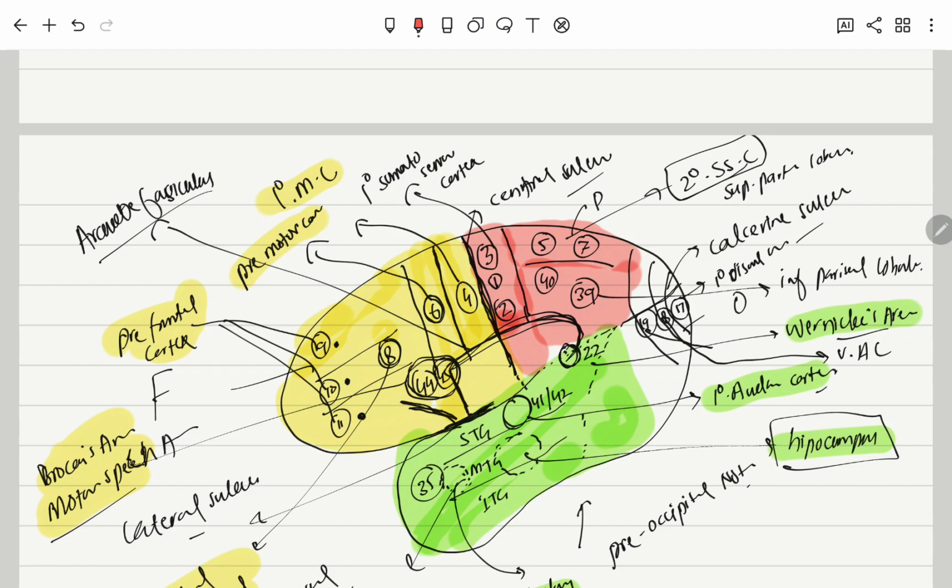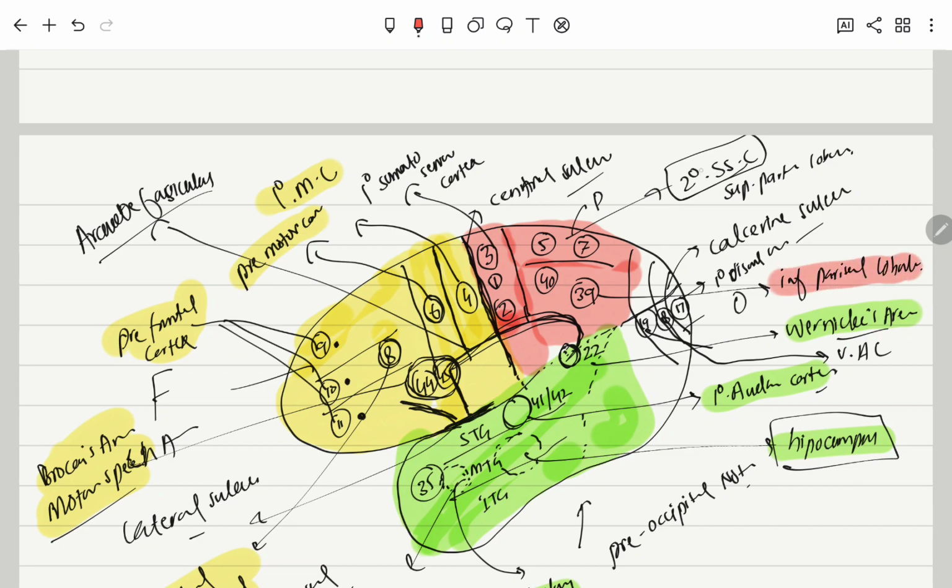Sorry, so this is the inferior parietal lobule, right?